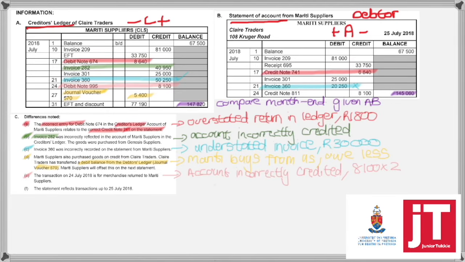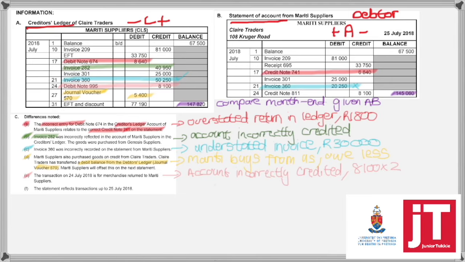It should appear where? On the debit side. But instead, they have credited it with 8,100. So what they've done here is they've incorrectly credited our account. They've shown it as a purchase instead of a return. So to correct this, we need to do the opposite.